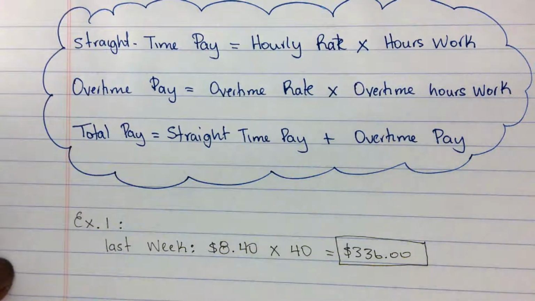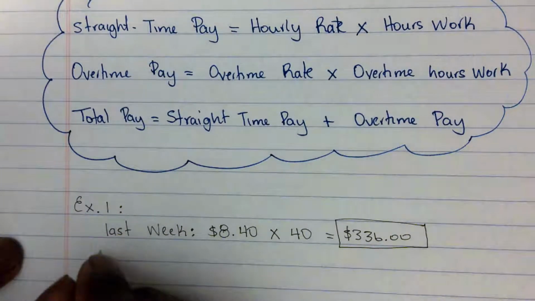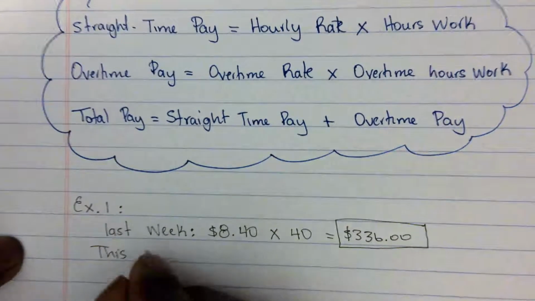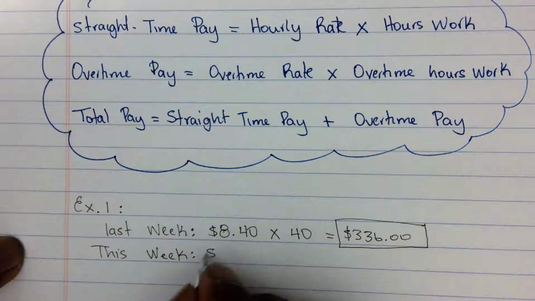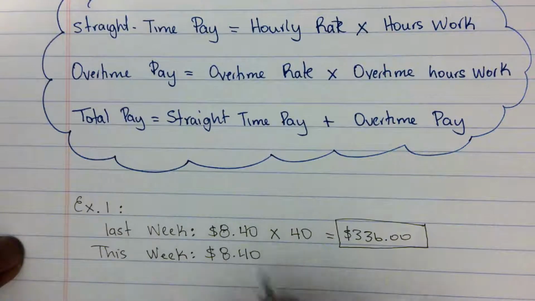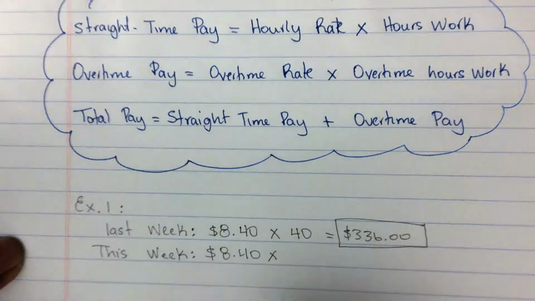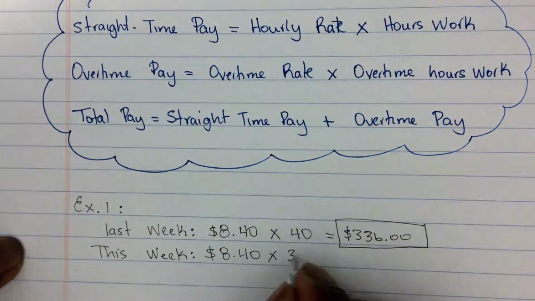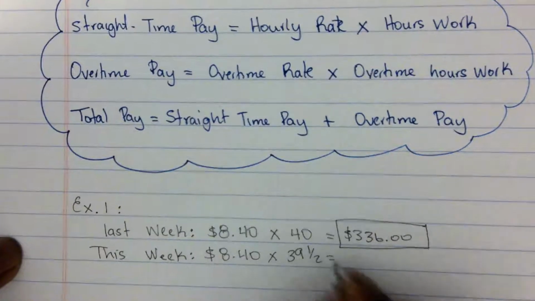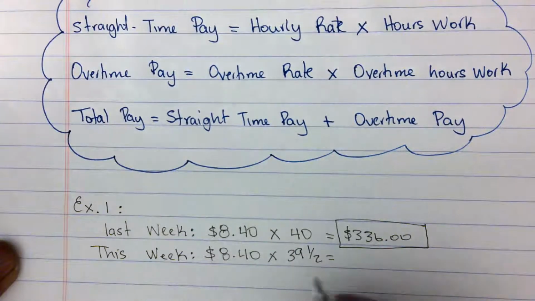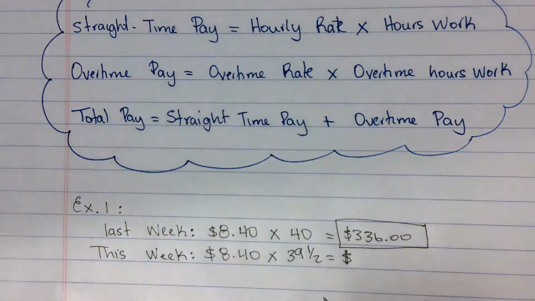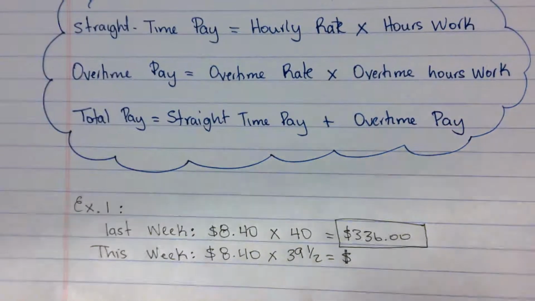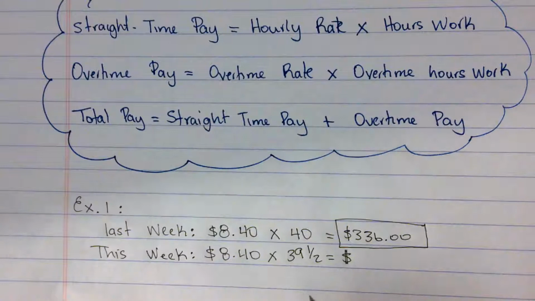Similarly, this week she makes the same $8.40 per hour, but she worked 39 and a half hours. For those of you who do not know how to change from a fraction to a decimal, it's 1 divided by 2, which gives you 39.5.